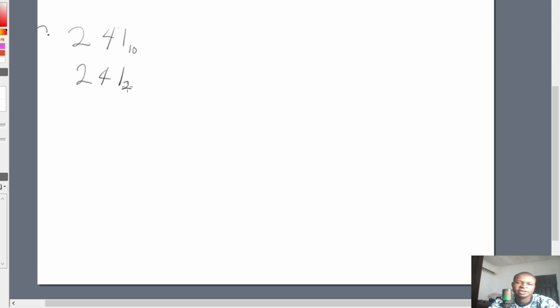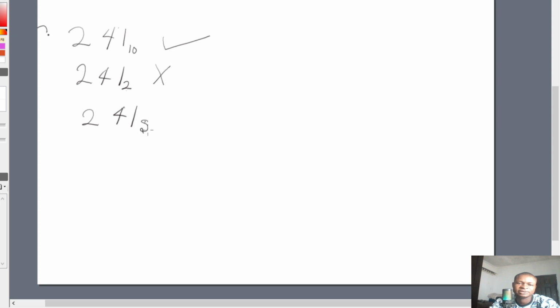In fact, sorry, this one will not be accepted because each of the numerals here, 1 is fine but 4 is greater than the base. So this is not acceptable in number base system, but this is acceptable. We can also have something like 241 base 6.